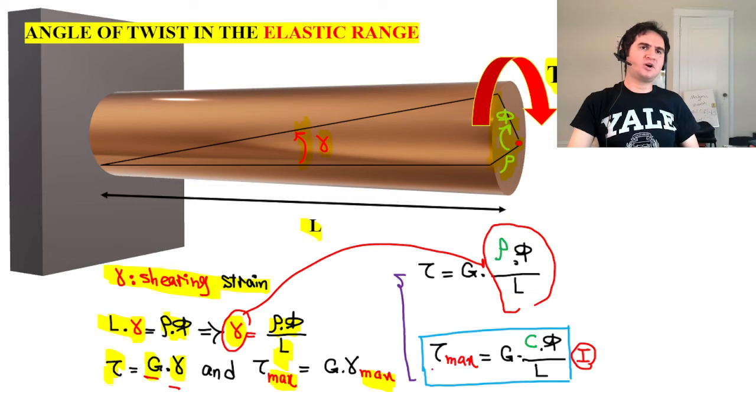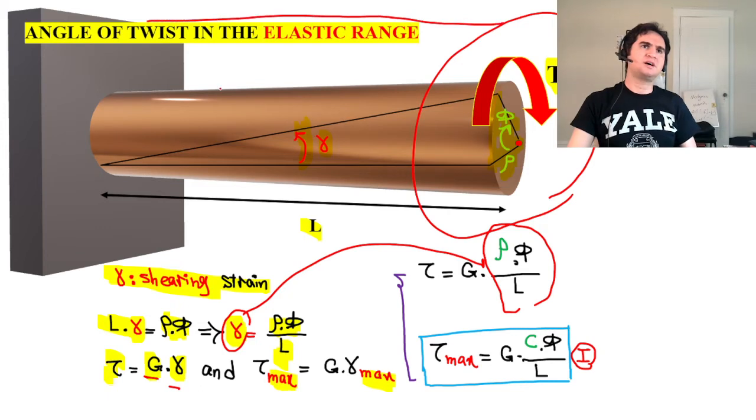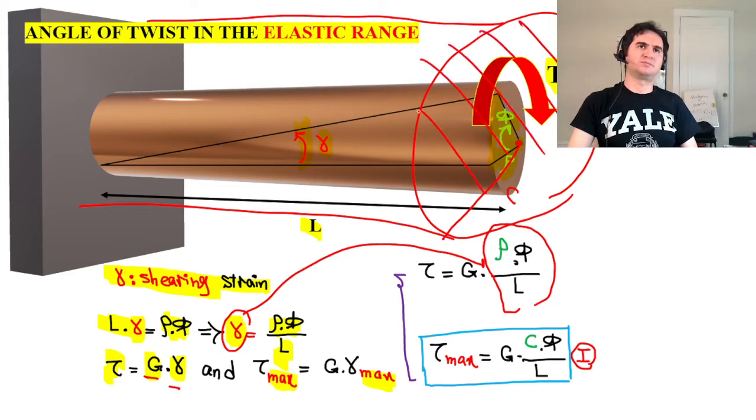And likewise, tau maximum, considering that's a partial of our shaft, goes by the total radius c. In those terms, rho is changing from 0 to c.